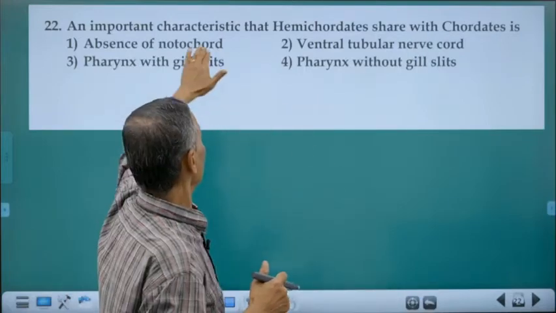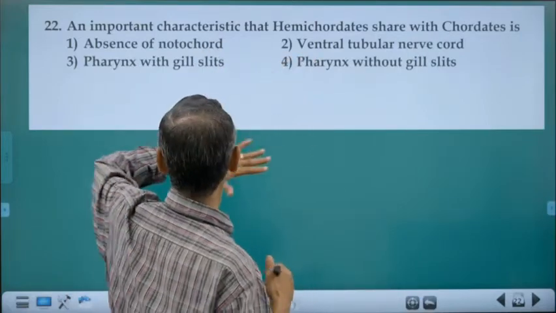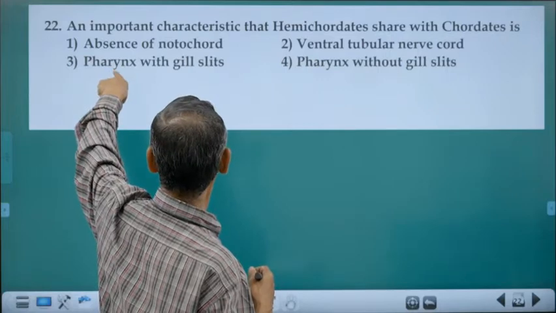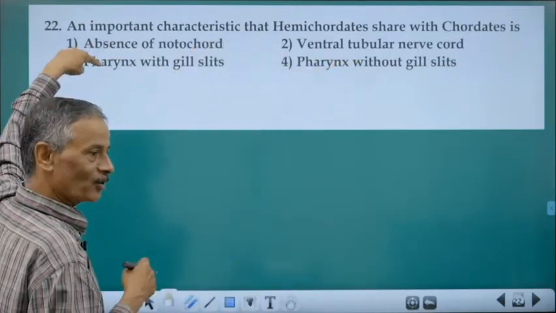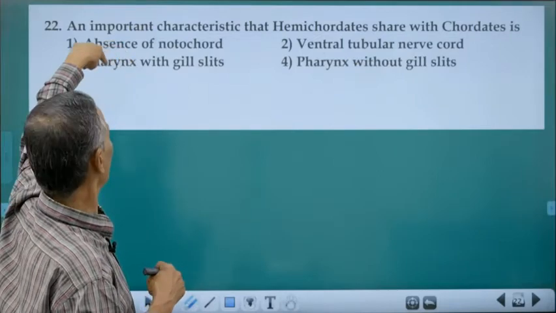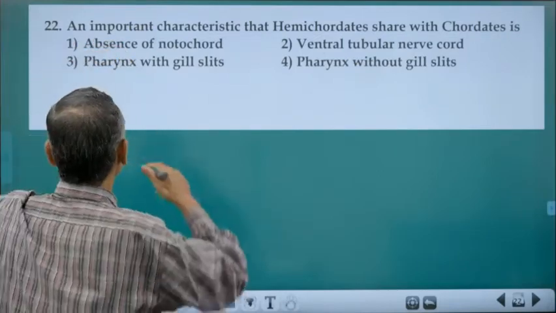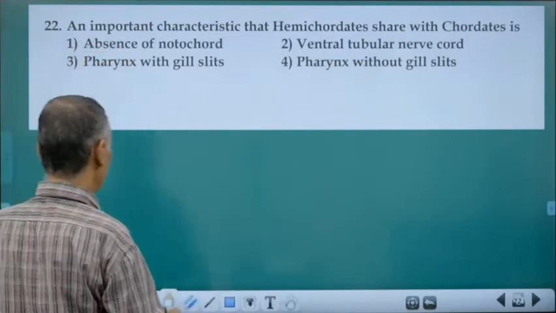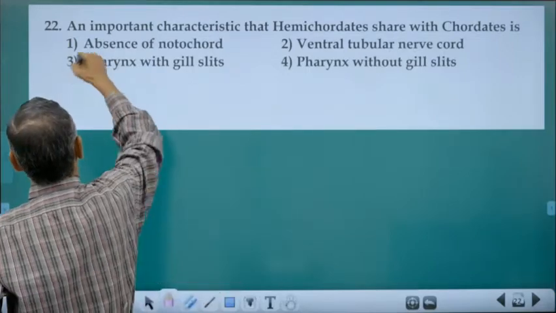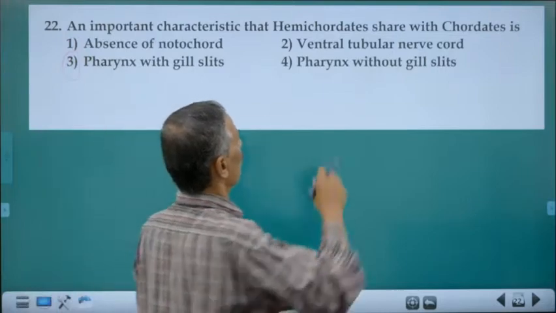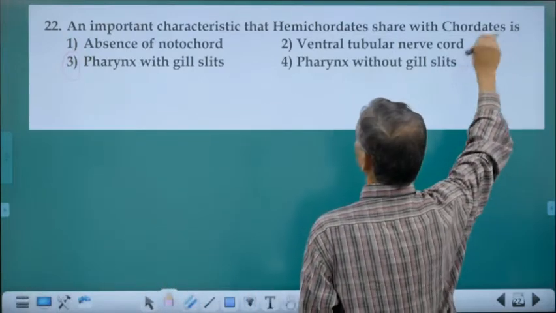That is why they are not treated as chordates now. So, absence of notochord, dorsal tubular nerve cord. See, nerve cord will be dorsal and tubular. Pharynx with gill slits. That is why they are called hemichordates. They possess some chordate characters.